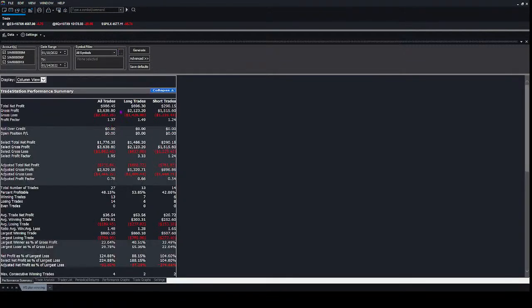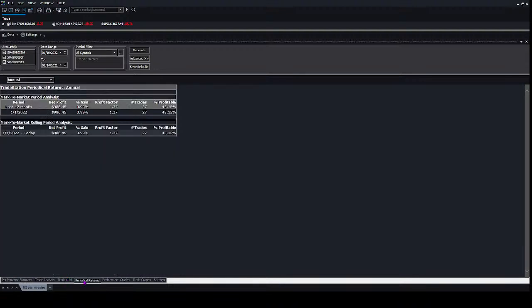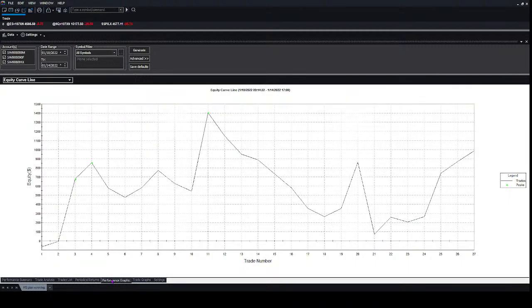So this is what last week's results were like for the trades. I took 27 trades. The net result was $986 for the week, with a profit factor of 1.37. And here's the graph.